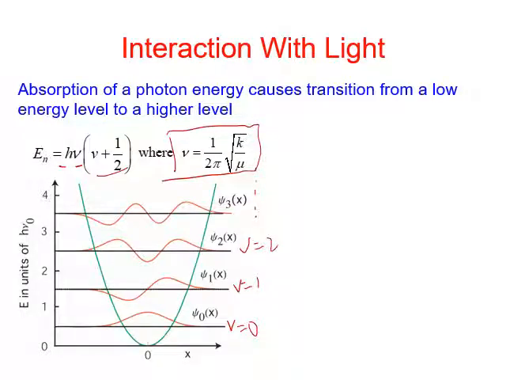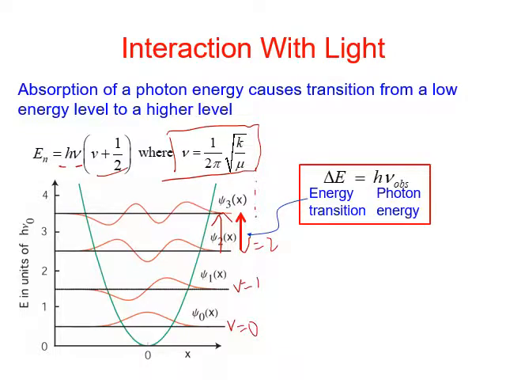Now, if you shine light on the molecule, if the energy of the light photon matches the energy difference between two energy levels of the molecule, then the molecule may absorb the photon and be excited from the low energy to the high energy.